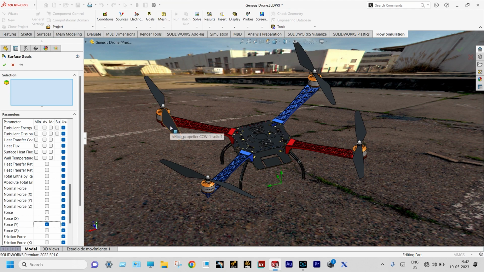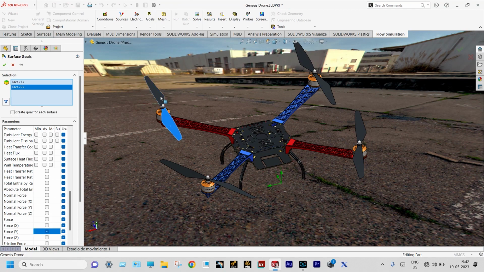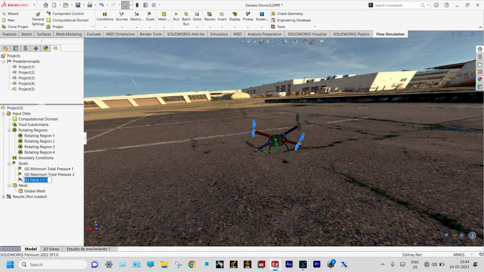This is actually known as counterclockwise. So we can select this one, up, down, both up are selected, and again this one, upward blade we have selected, green check, and we can rename this one as thrust on upward blades, counterclockwise thrust.